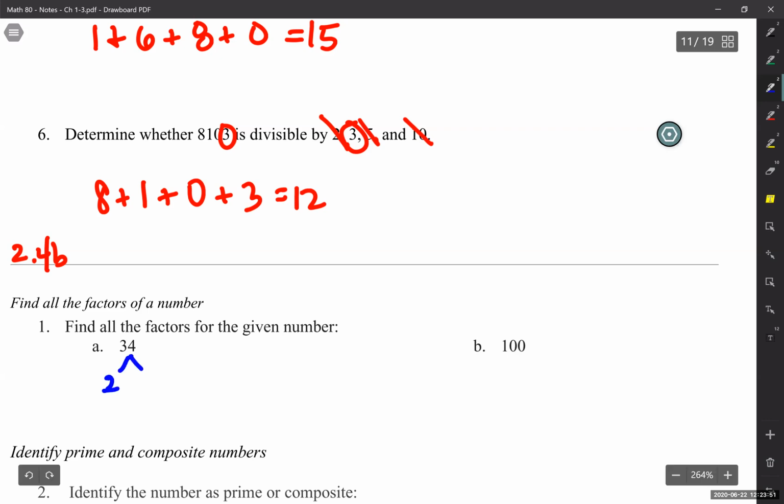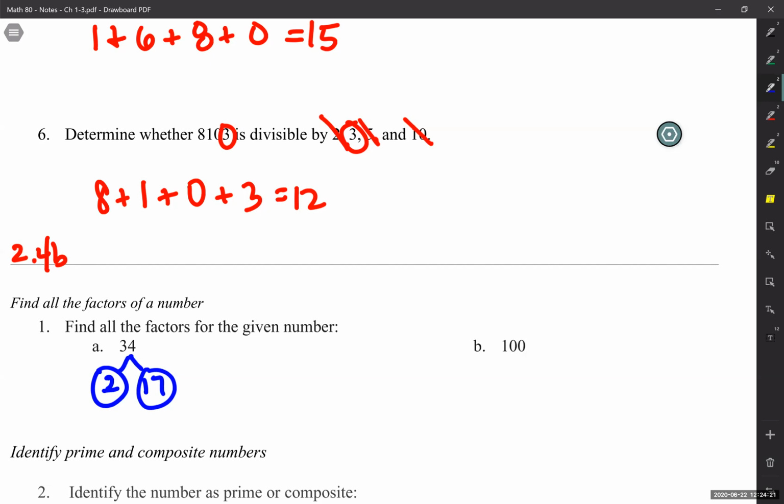Now that I know that it's 2, this is the point where I would use my calculator, because I know I'm not wasting my time by doing 34 divided by 2. So I do that and I get 17, and then there's nothing else that goes into 17. You could check it real quick, but those would be the answers, 2 and 17.